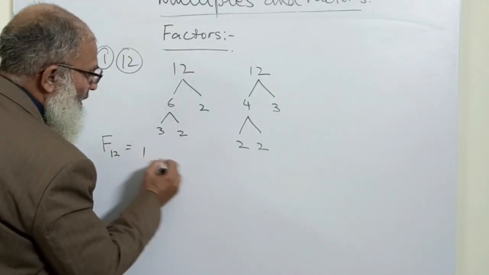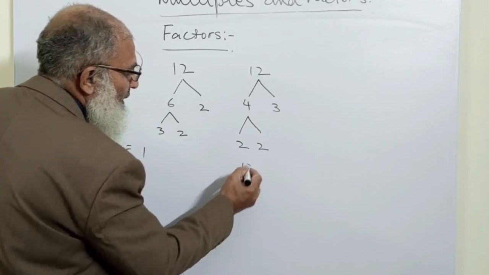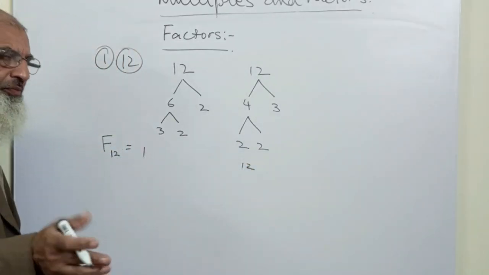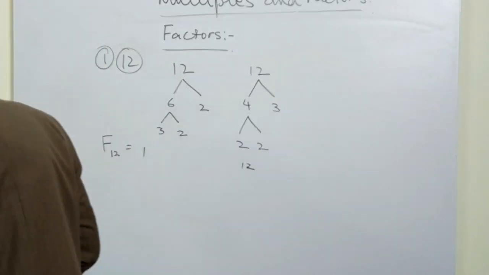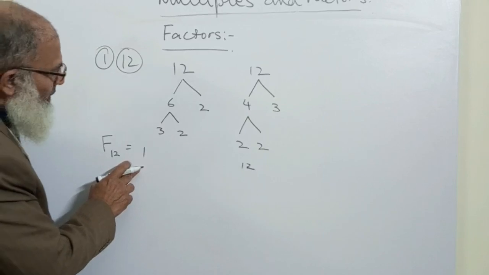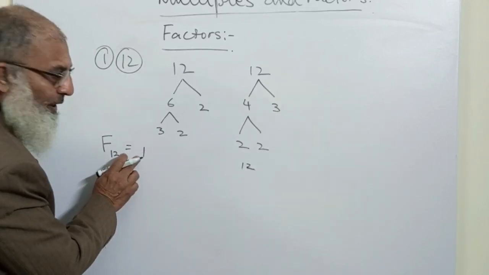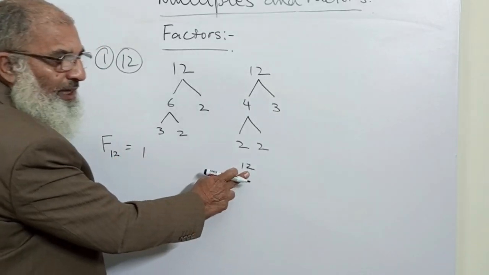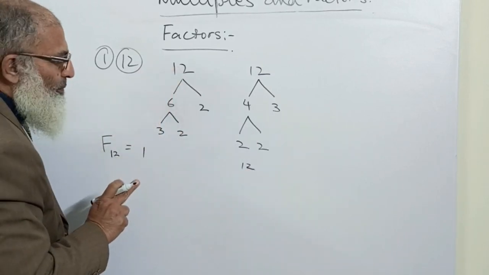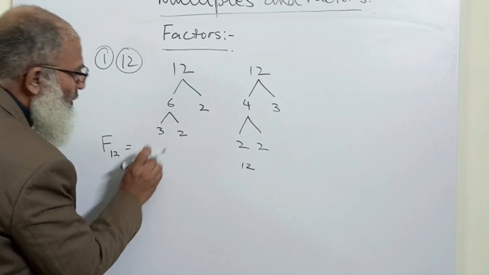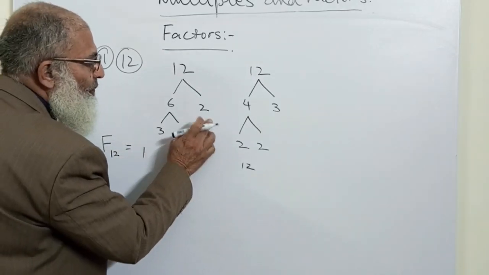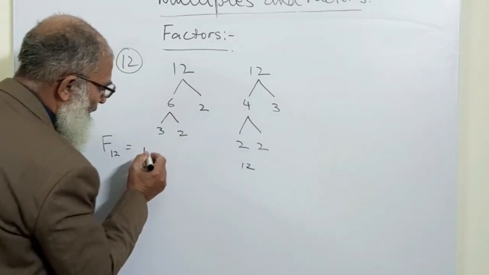So I write the both numbers like this. Now you see, my dear students, that 1 and the number itself are the factors of a given number. So the rest of the factors are what we found from here.